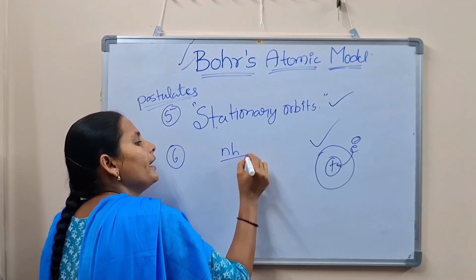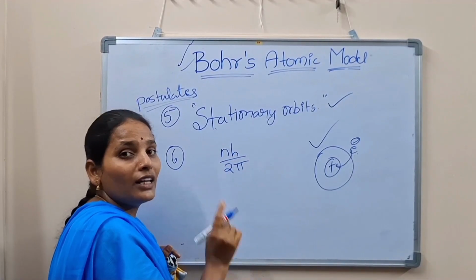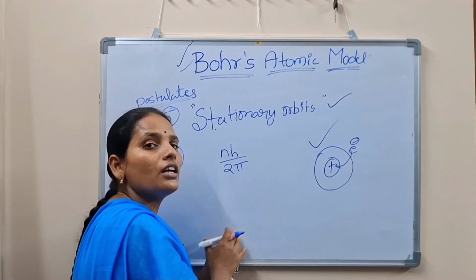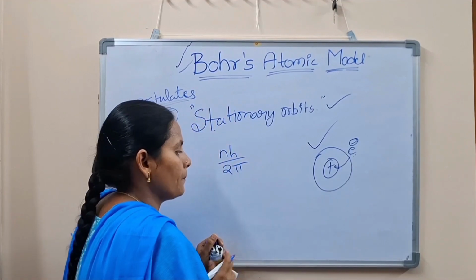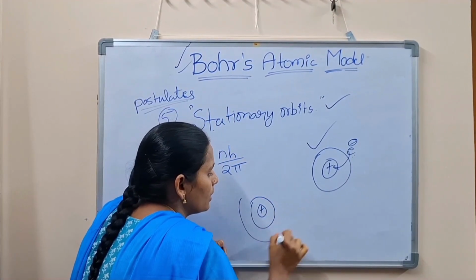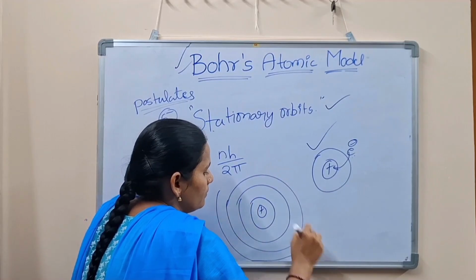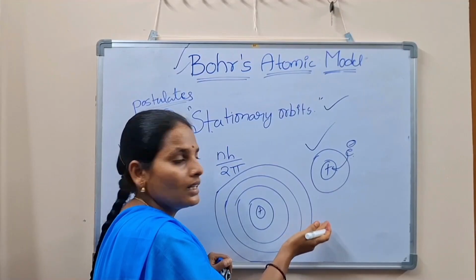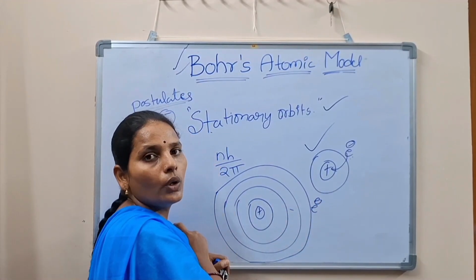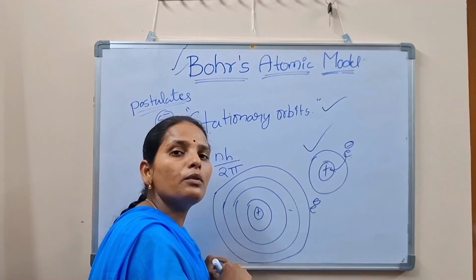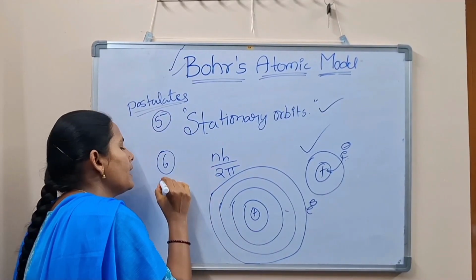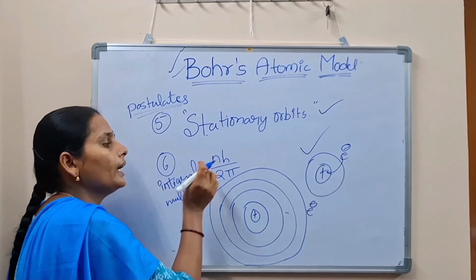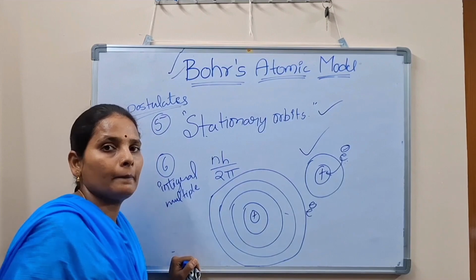The electron does not revolve in all orbits. It revolves only in the orbit whose angular momentum is an integral multiple of nh by 2 pi.